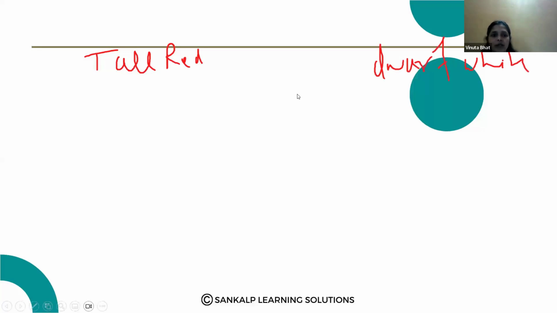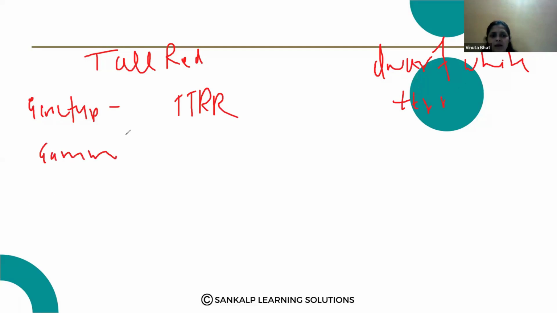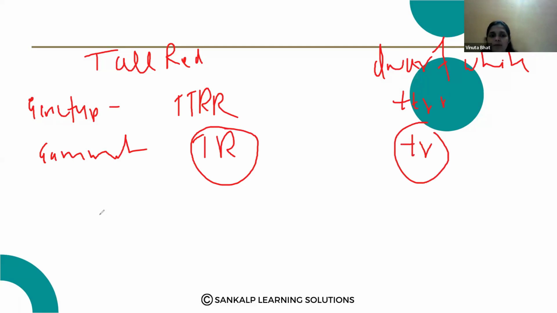So the genotype, you should write like this: TTRR for the first parent, and ttrr for the second. Here gametes, that is TR gamete. Then small t, small r gametes.